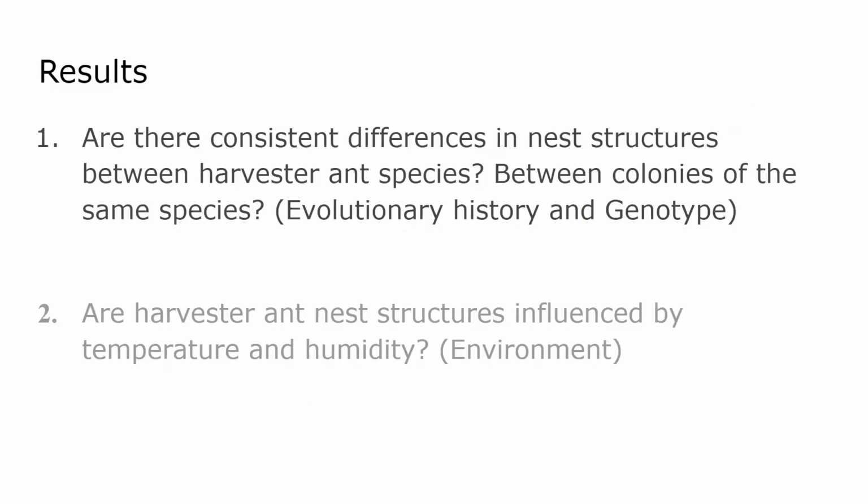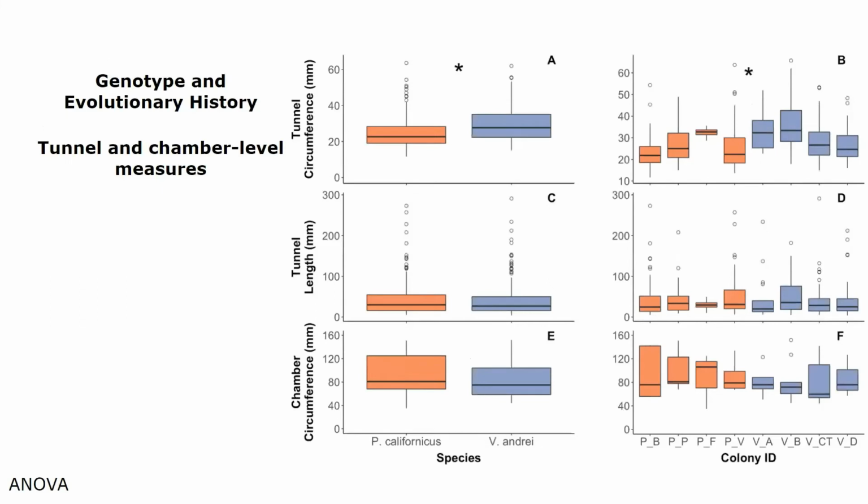Moving on to our results. For our first question, are there consistent differences in nest structures between harvester ant species and between colonies of the same species? These were our results. I'll orient you to the figure. This is specifically looking at tunnel and chamber level measures. So each row is a different measure. The top is tunnel circumference, the middle is tunnel length, and the bottom is chamber circumference.